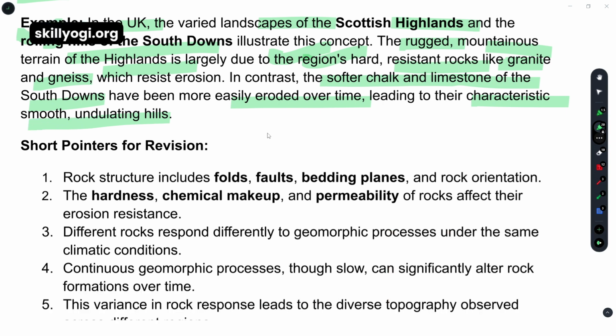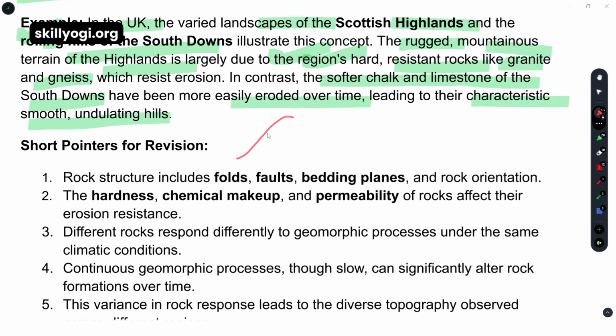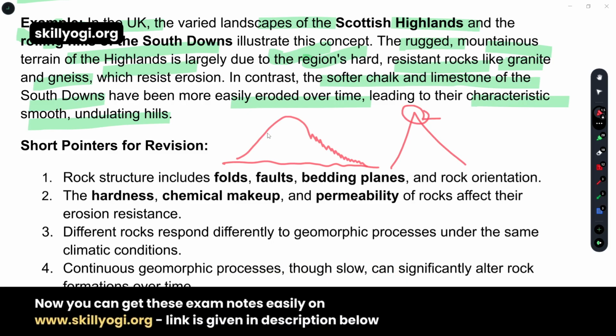If I draw something here, then you can understand the difference. If it's a mountain eroded like this, it will look like this. But if it's a mountain like this, the edge is formed only by igneous rock. Why? Because igneous rocks are very hard, so they can't be eroded easily.